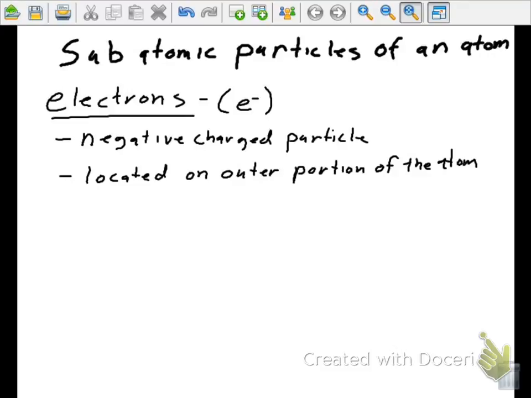Now you've got to realize that protons and electrons really weren't easily discovered because the atom is so infinitely small. And now we've got these particles that make up an atom that are infinitely small compared to the size of the atom. So there's lots of experimentation that would be done to find the existence of these particles.